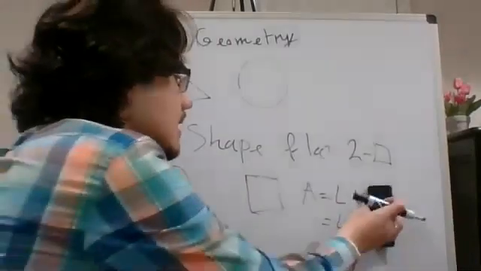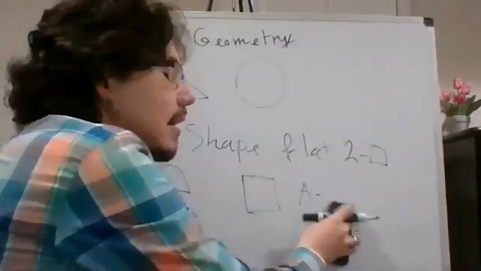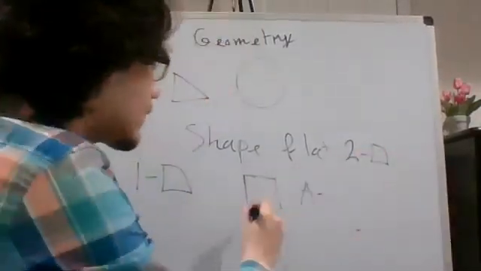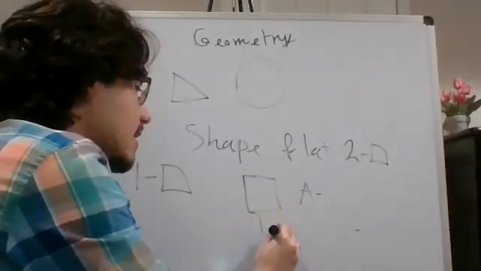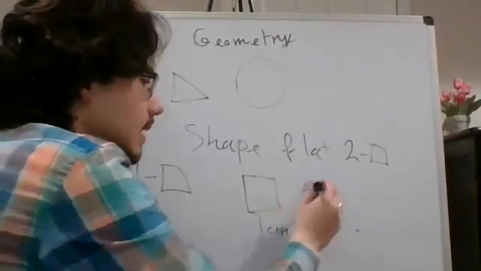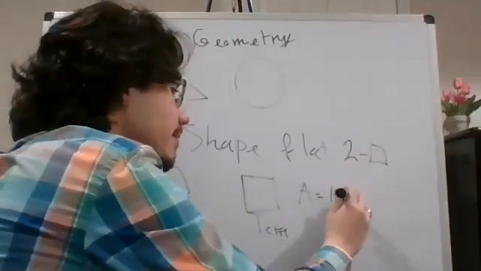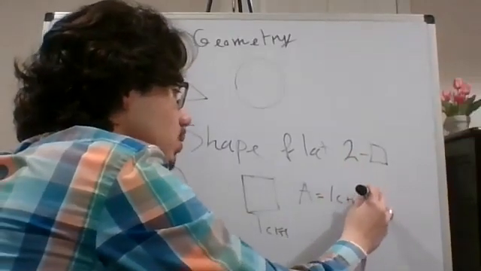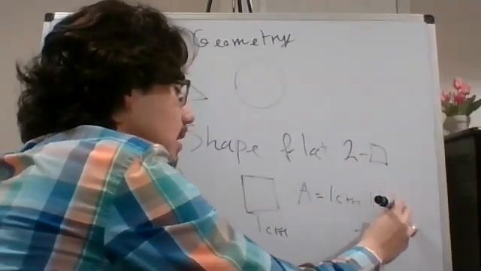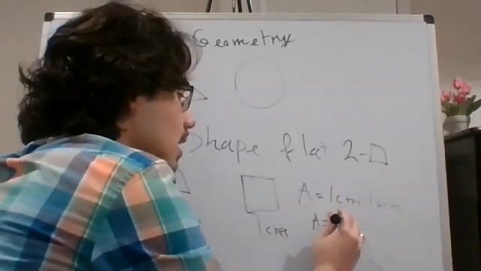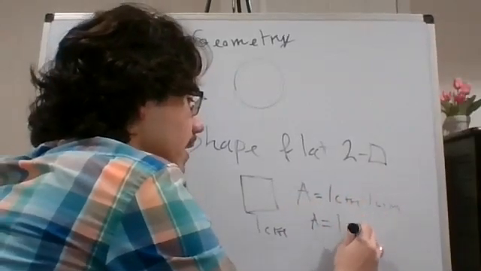As we've said before in this class, if the length of the square is 1 centimeter, then it would be 1 centimeter times 1 centimeter. So the area is 1 centimeter squared.